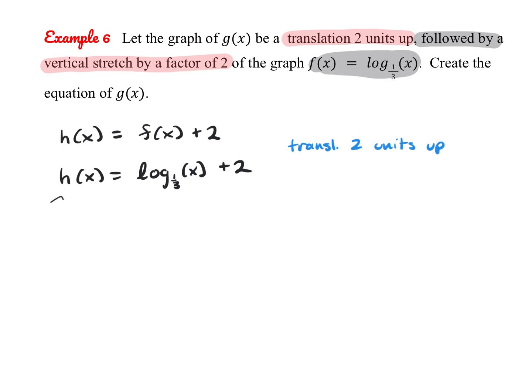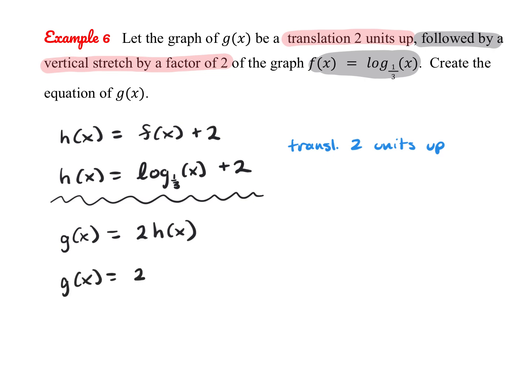Now from there, we're going to take that and we're going to vertically stretch it by a factor of 2. So if you are vertically stretching something, you multiply the entire function by 2. Okay? So when I go to do this, I'm going to do 2, and then in brackets, I'm going to write the entire function.